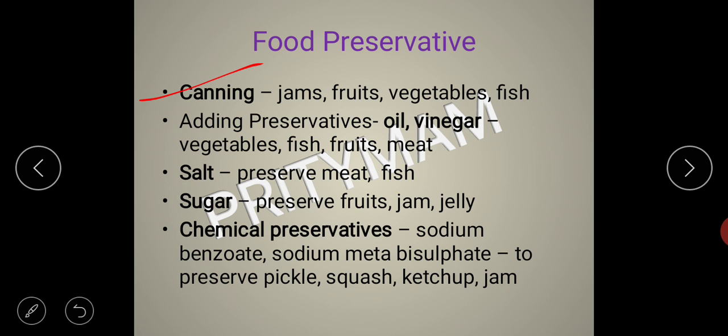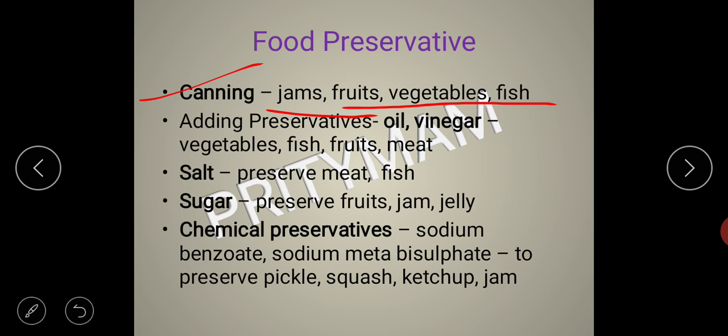The food does not get spoiled when there is lack of air or less air. So we have to store them in airtight cans. The foods that we store in such cans are jams, fruits, vegetables, fishes. They are canned.